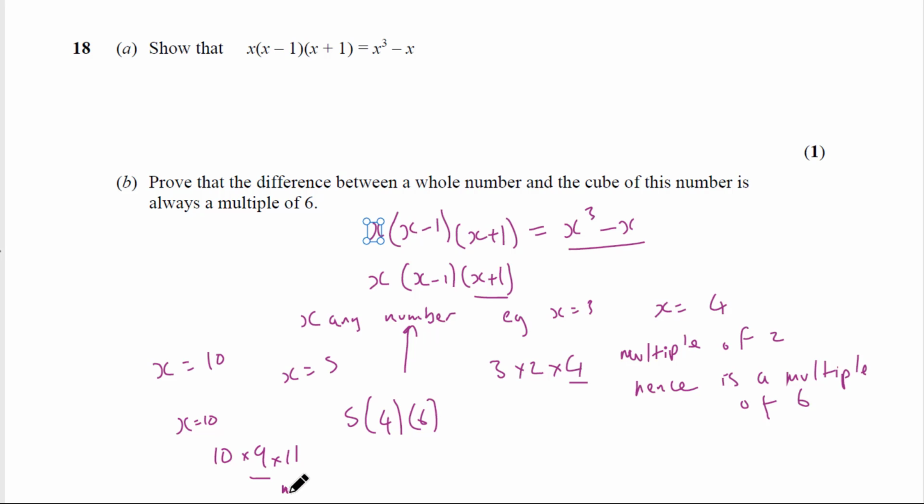Now 9 is a multiple of 3. You can see we're going to get a multiple of 2 here. And for this one you can see you've got a multiple of 2 and a multiple of 3.